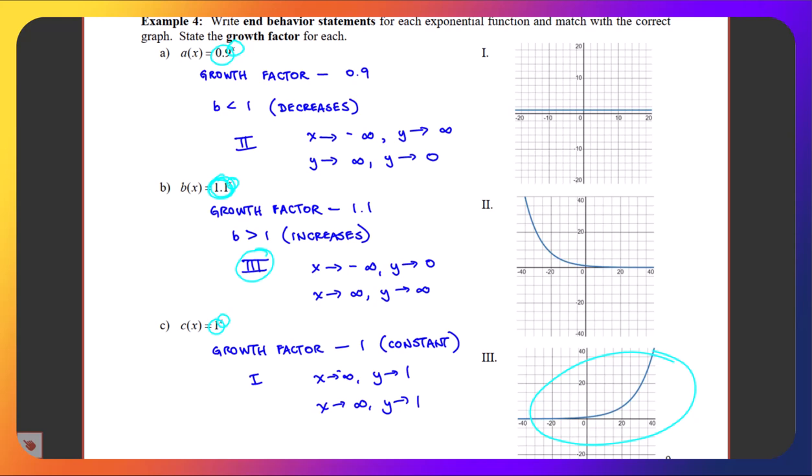If the b value is between 0 and 1, like a is, it's going to decrease like Roman numeral 2. And if we have the b value of 1, 1 to the first power, 1 to the second power, 1 is never going to change, and so we have a horizontal line, and that's choice Roman numeral 1.